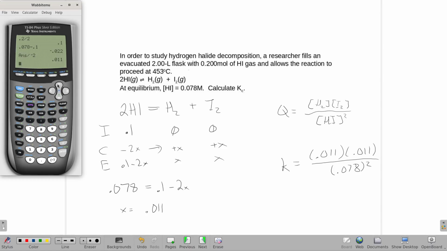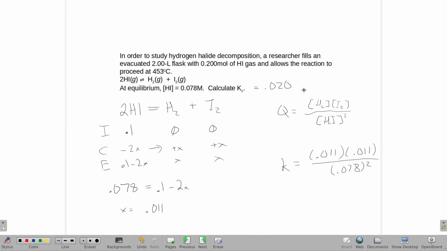So, take that number we just did, multiply it by itself, and divide by 0.078 squared. And we get a K of 0.020. No fancy math done. Just basically solve for x and then plug in your x.